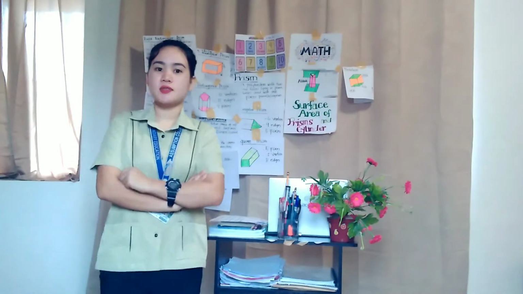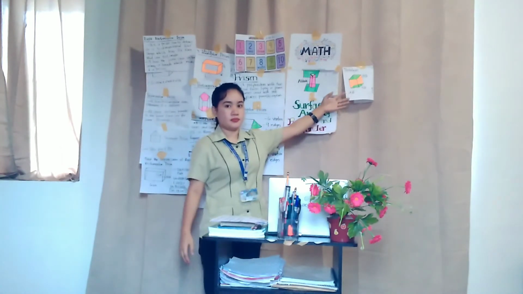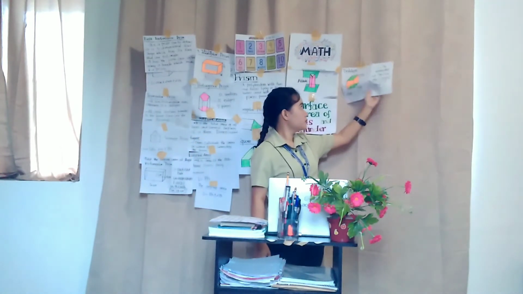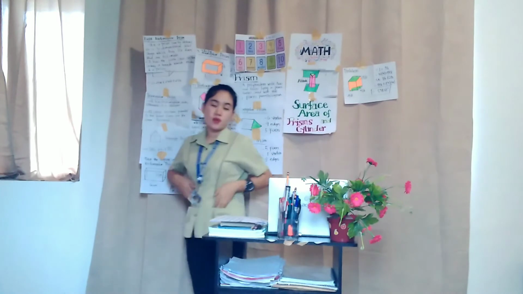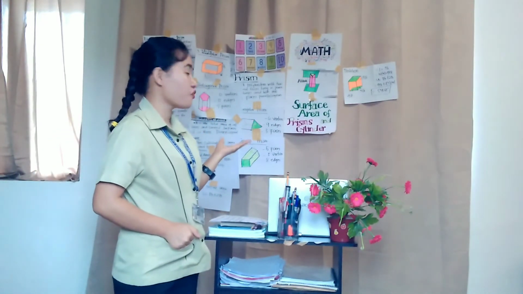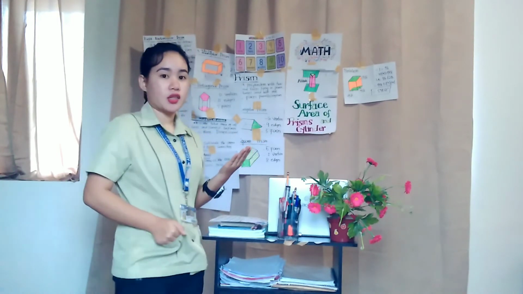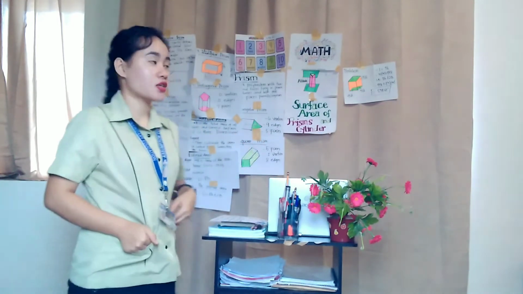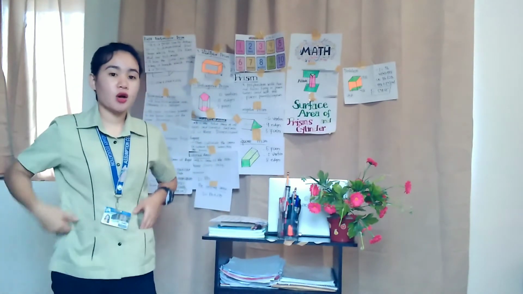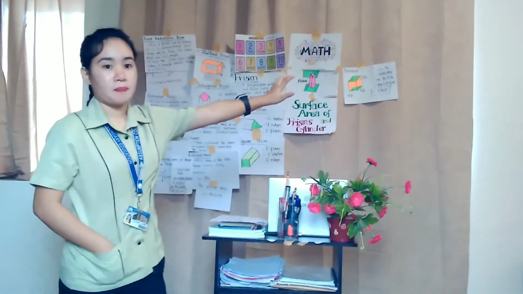Jose, can you please explain your work using the algorithm? Okay, very good. So the answer is 574. The steps in calculating the lateral area and surface area: first, we write the formula of lateral area, L equals PH.